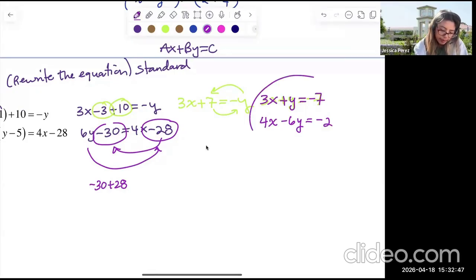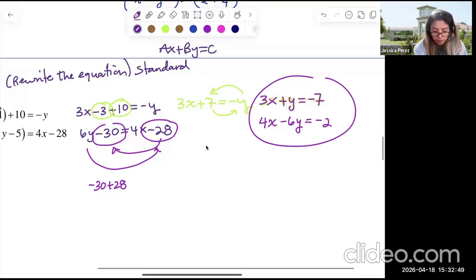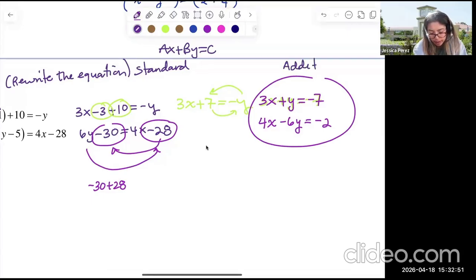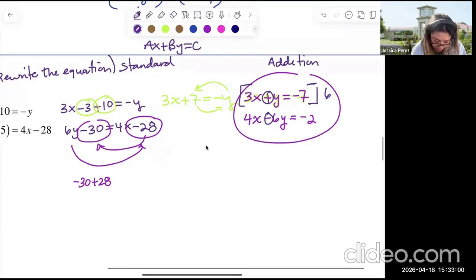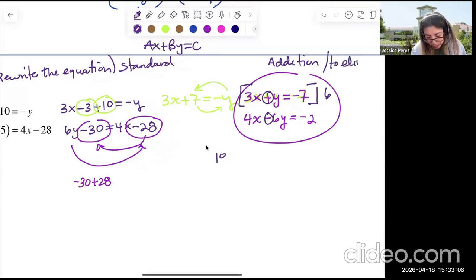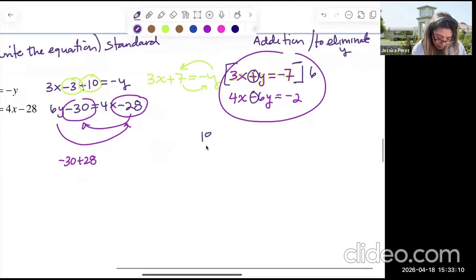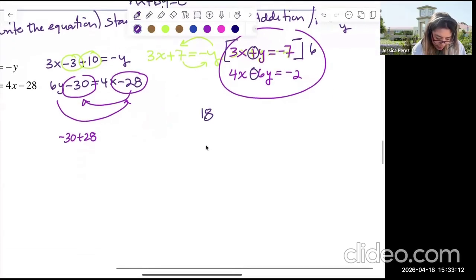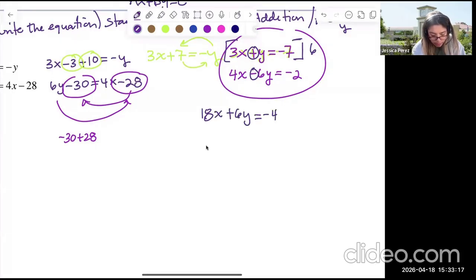Now, again, from here, I can use elimination or the addition principle. I'm going to use the addition method. I have a plus y and a minus y. So I'm going to multiply the top equation by 6, so that addition eliminates my y. So it's 18x plus 6y is equal to negative 42.